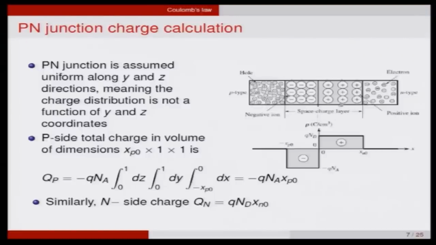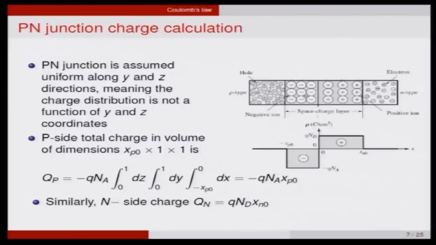In the space charge layer on the right, which is the N type region, the charge density in coulomb per centimeter cube is qN_D, where q is the same as e earlier. So this qN_D is the charge density, that is charge per unit volume, on the N side space charge region, and similarly on the P side the charge density is minus qN_A.